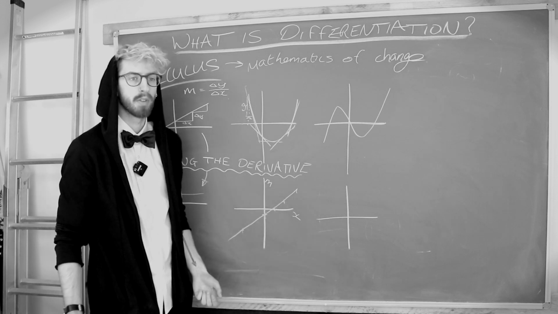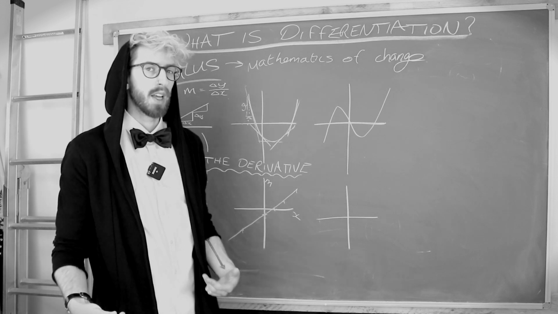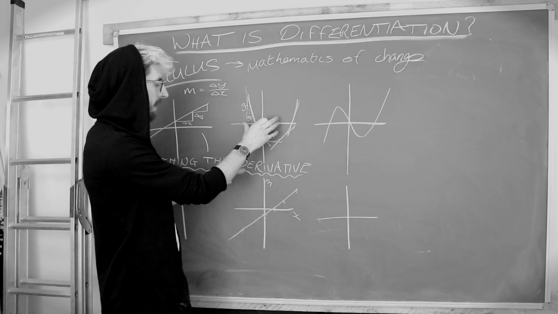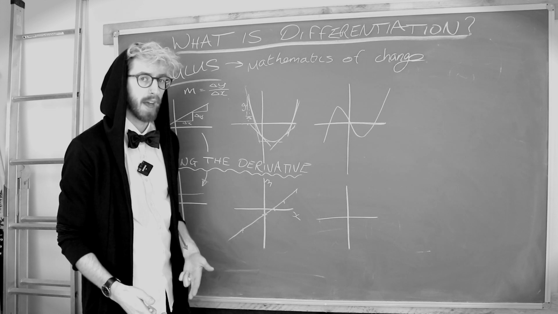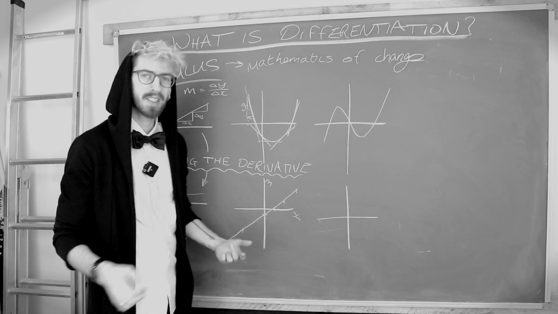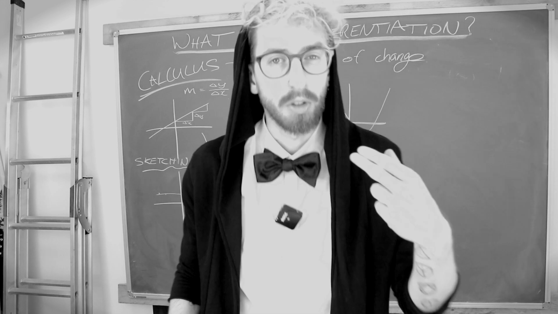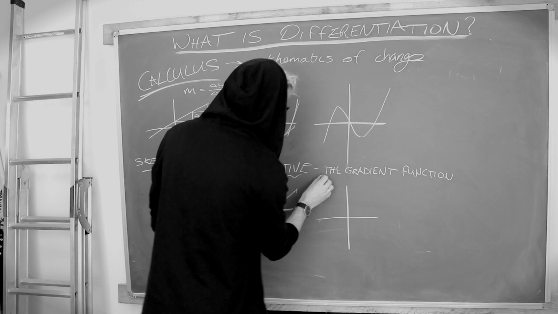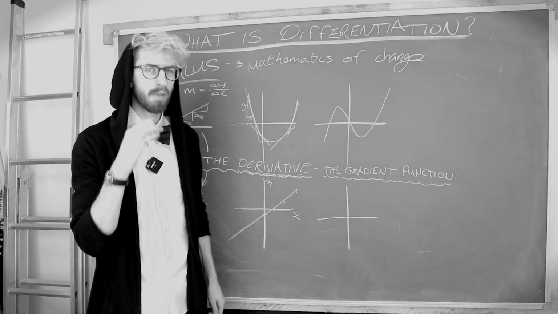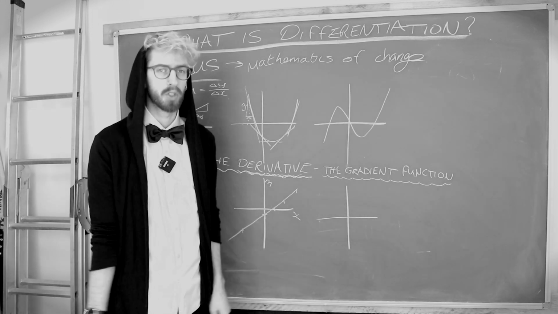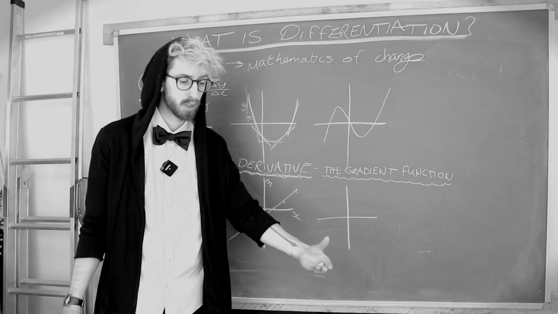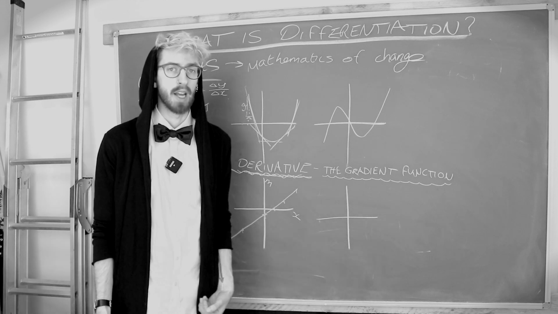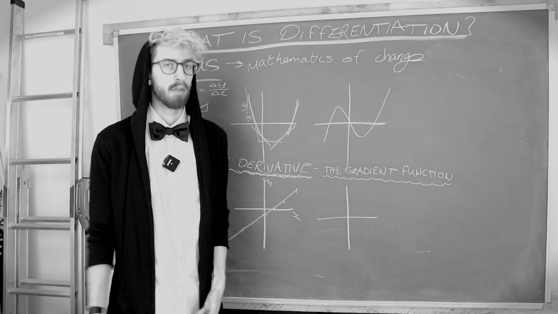Then up here, it was positive. So this, which is the gradient of that, changes with x. So we can say as a definition that the derivative is the gradient function. We have a function, but then the gradient of that function also changes in x, and therefore we call it the gradient function.